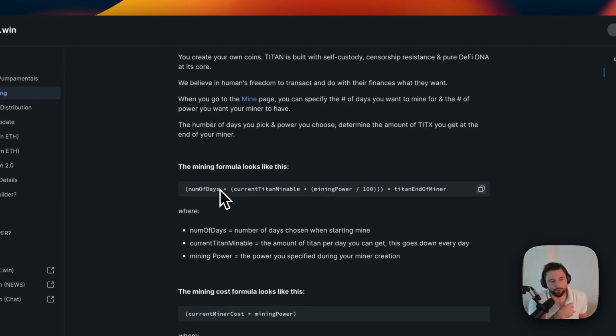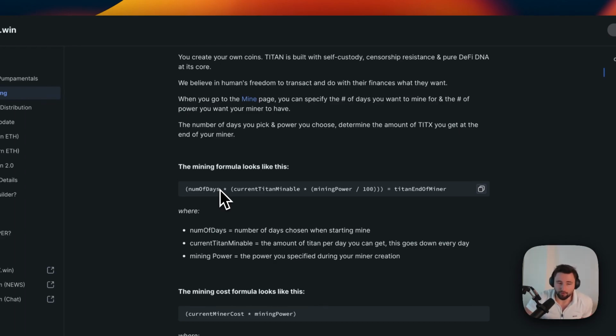But if you do 280 days, which is the max number of days for a miner, you pay the same 0.2 Ethereum, but you get 280 times 8 million tokens, which I think is 2.46 billion. So you pay a lot less per token the longer out you go.